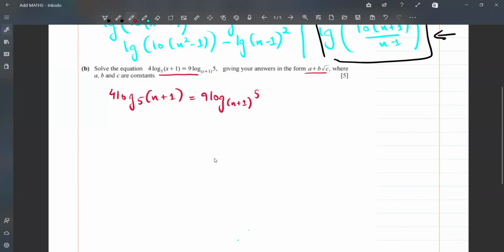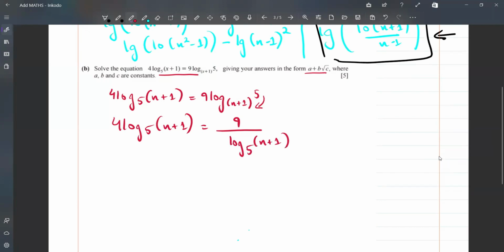Now notice that we want to make the base the same, in terms of log base 5. All right, so what we can do is apply the change of base rule, and then we can write this as, we'll interchange the base and write this as log₅ x plus 1.